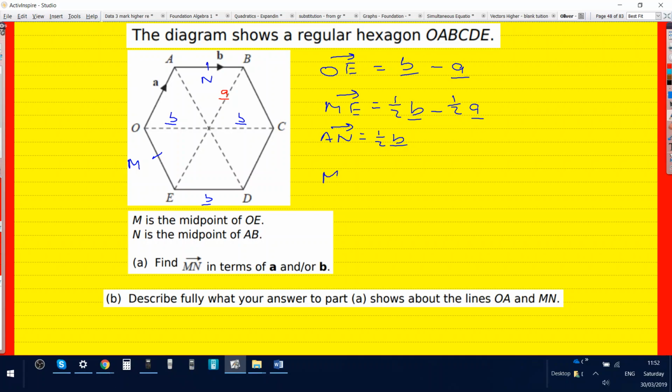And so M to N would be them added together. Yep. So B minus half A. Yeah. And then part B.